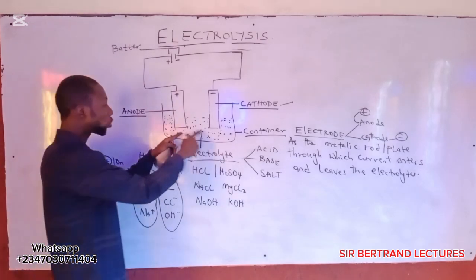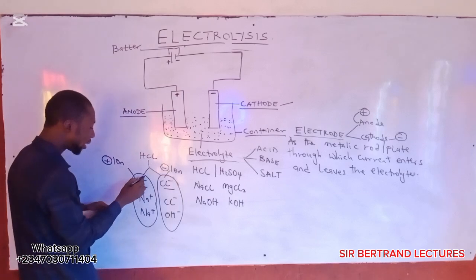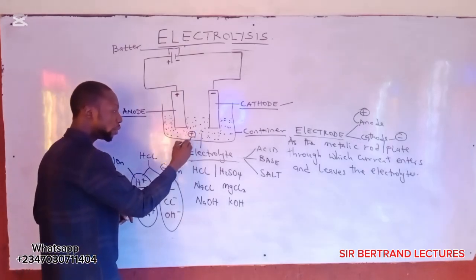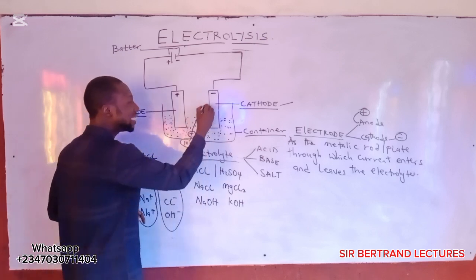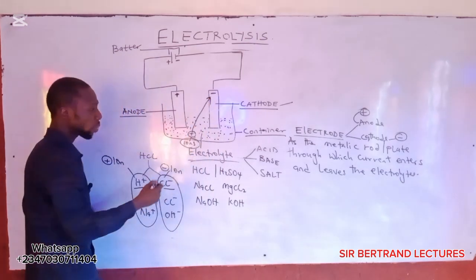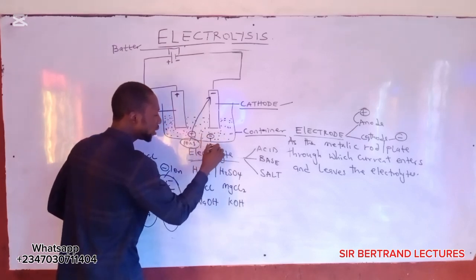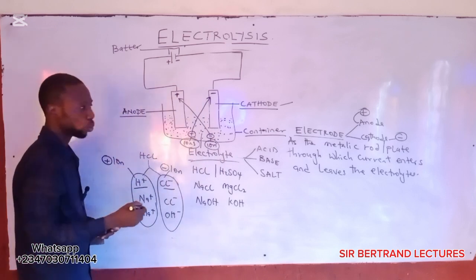Once they dissociate in the solution, the positively charged ions will migrate to the negative electrode, while the negatively charged ions will migrate to the positively charged electrode.